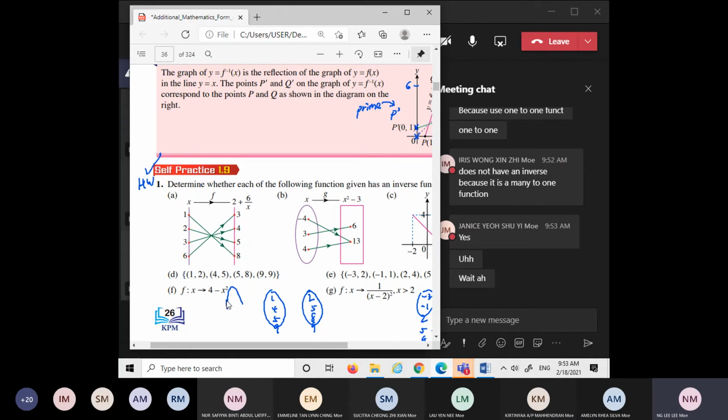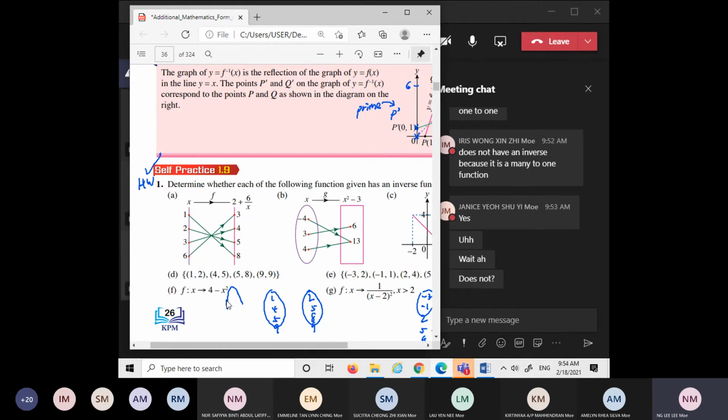The graph is something like this. You can tell me the answer already, I think so. Okay, does not have an inverse function.